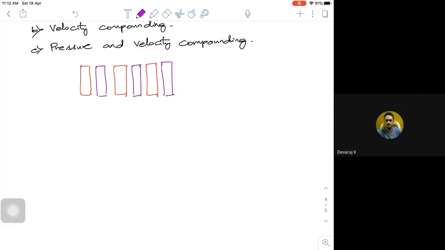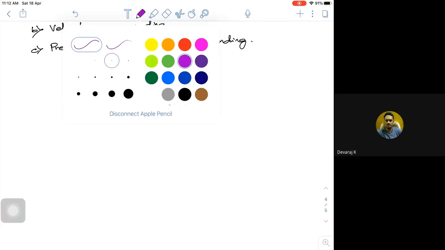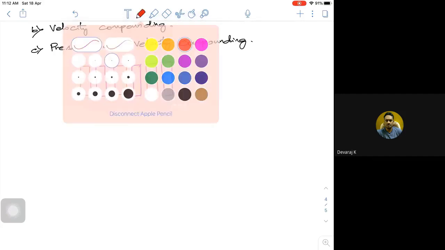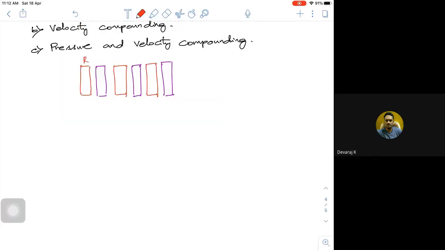Let me call the rotor R, and pink represents the stator. So what happens in case of pressure compounding? Before that you have the corresponding nozzle. Usually the first stage, your guide vanes, will be a nozzle.